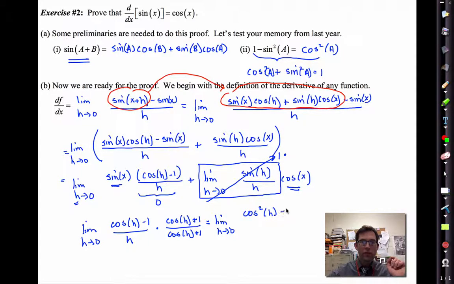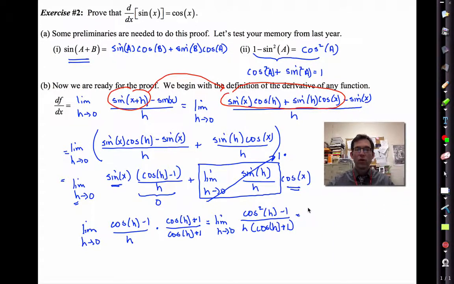Whenever I multiply two conjugates, I always get a squared minus b squared. So in the numerator I get cosine squared h minus 1, but notice, what that is going to be will be negative sine squared h. That's really just using this identity.